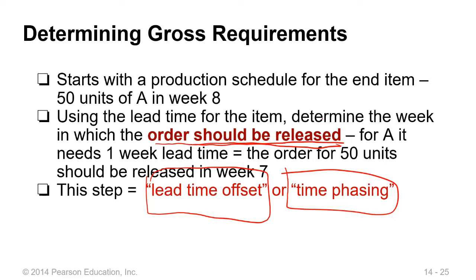If you require 1 week, that means the order should be released week 7, so that we can complete on week 8, because it requires 1 week for production. So this is time phasing, this is order release, right? And you are talking about gross requirement. Gross means total.